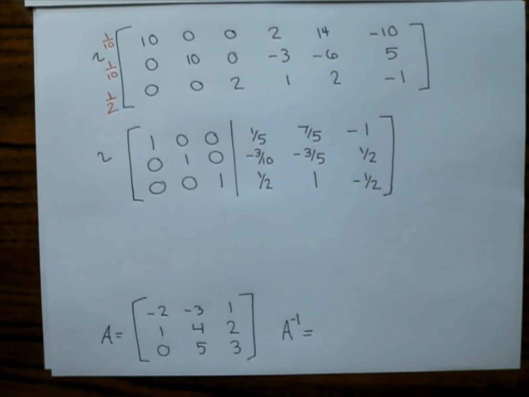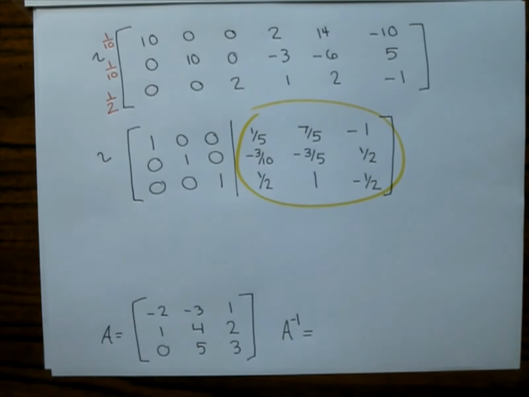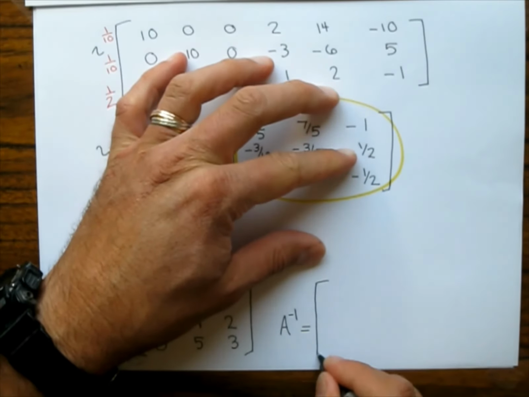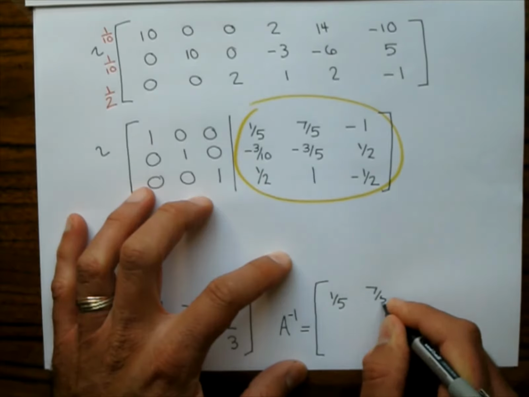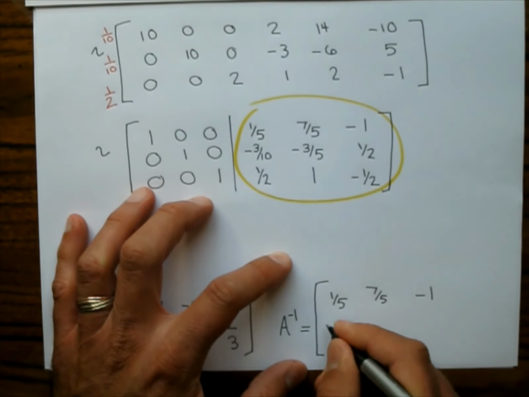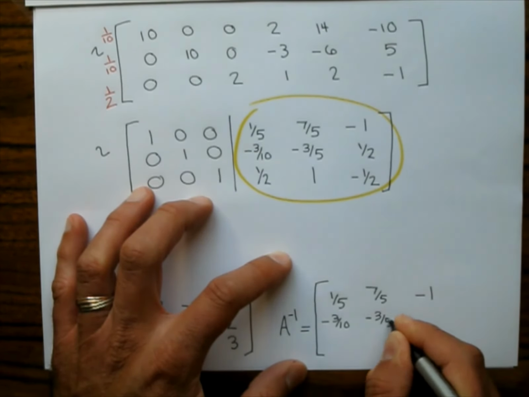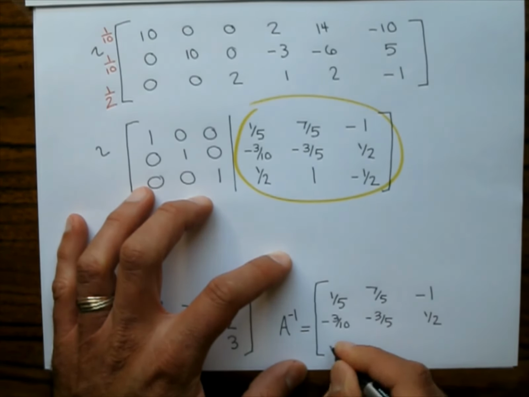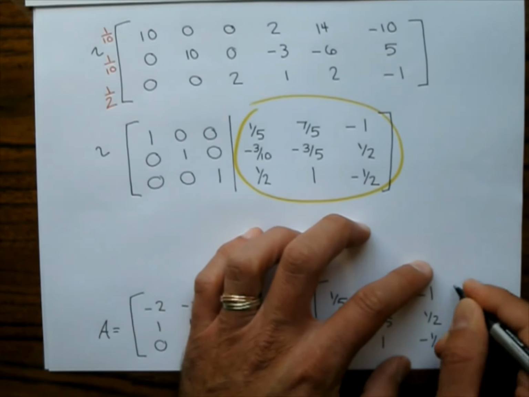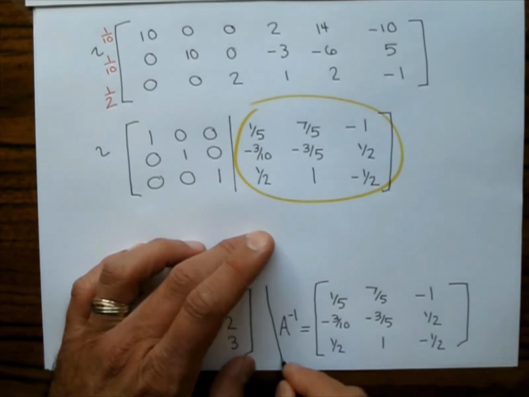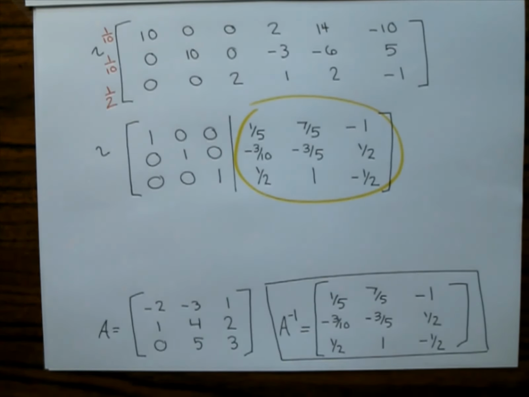It is this matrix right here. And so let me write out that matrix. That matrix is 1/5, 7/5, negative 1, negative 3/10, negative 3/5, 1/2, 1/2, 1, negative 1/2. So there's the answer. Lots of row operations, and that's what's probably been annoying some of you when you've been doing your homework.